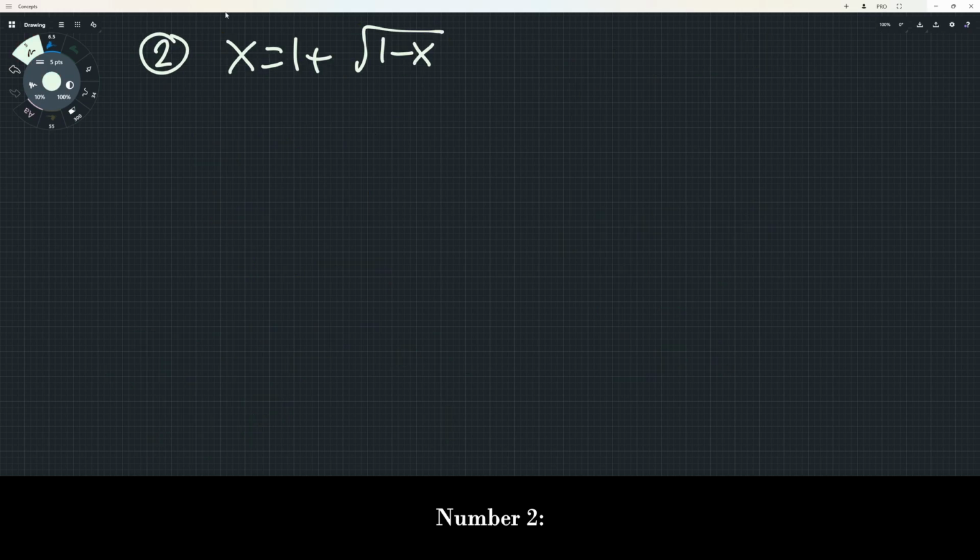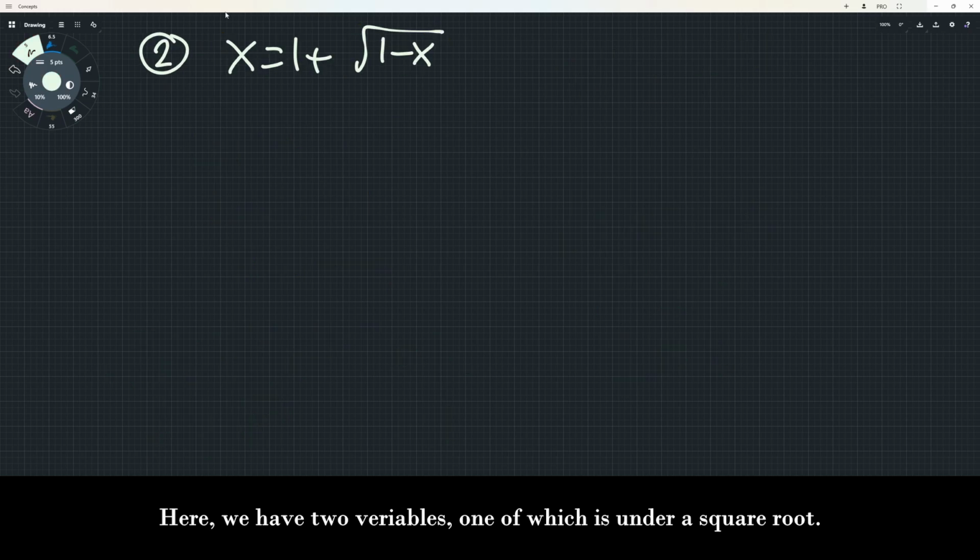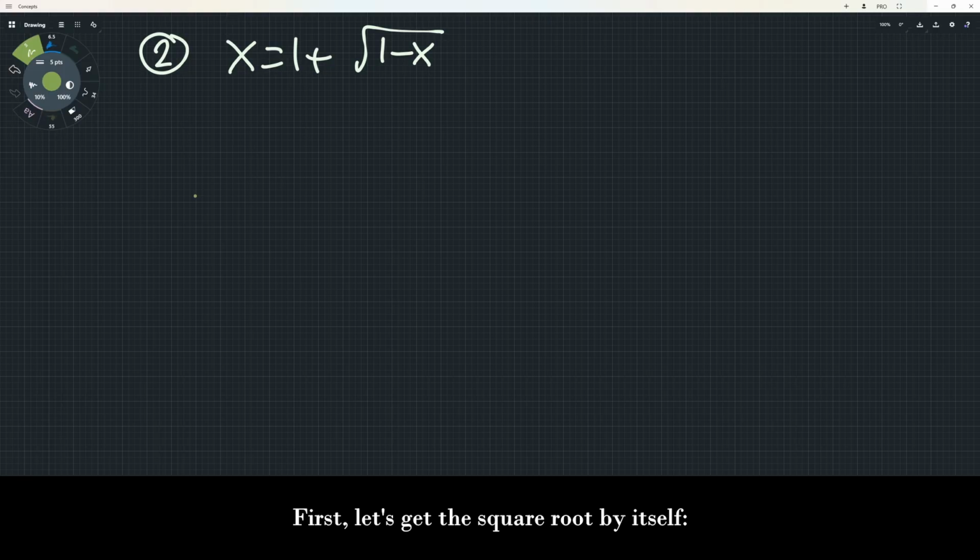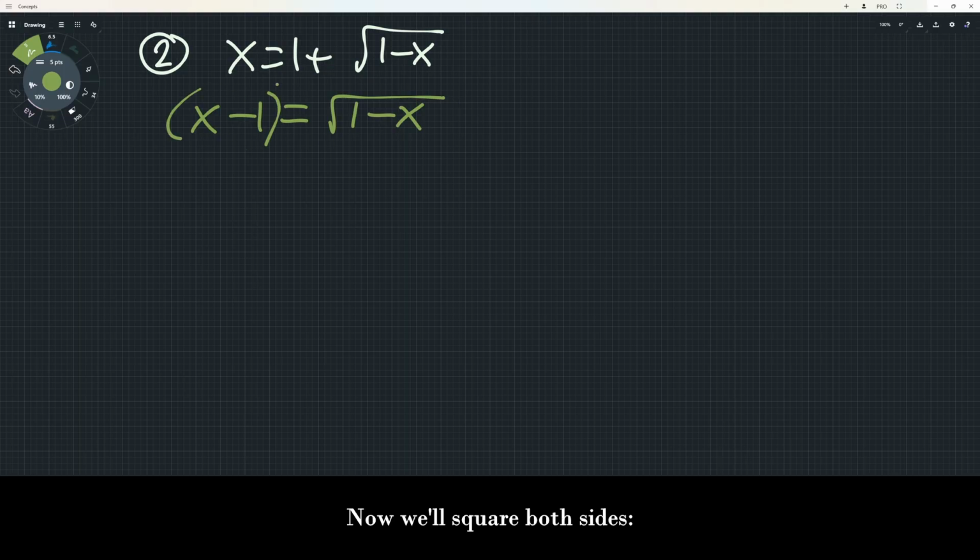Number 2, x equals 1 plus the square root of 1 minus x. Here we have two variables, one of which is under a square root. First, let's get the square root by itself. We get x minus 1 equals the square root of 1 minus x. Now we'll square both sides.